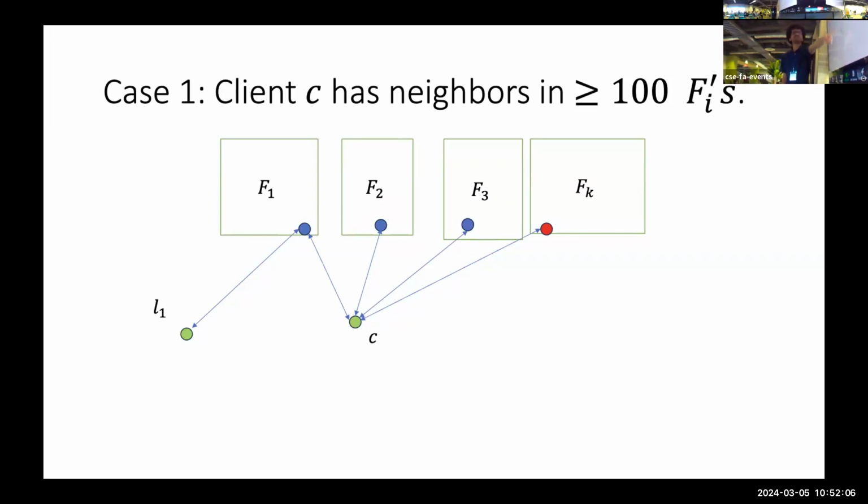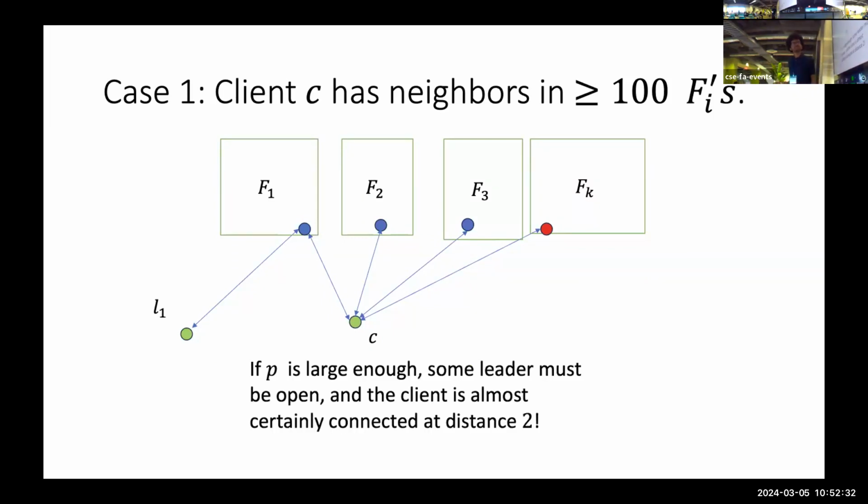Similarly, if L2 is open, you're going to get a cost of at most 2. So even if one of these leaders is open, you're done. So even with a really small probability of opening leaders, you can make sure that the worst case for this client C is in fact not 3, but 2. So the worst case is getting improved from 3 to 2. That seems like a good thing, because if we reduce 3 to 2, we are going to beat 1 plus 2 for sure.